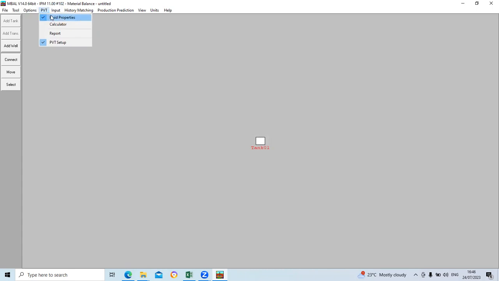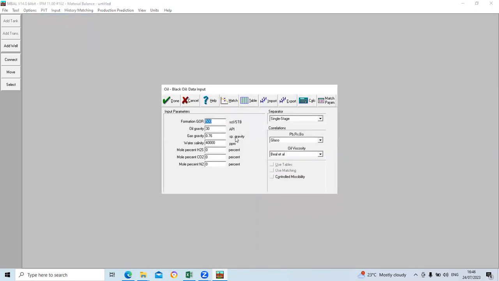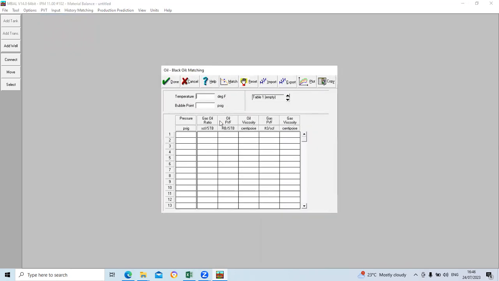So we don't have any choice. If you want to do the match, you have to put it in one after the other. You put all of these values for pressure, you put the one of gas oil ratio, the one of oil formation volume factor, oil viscosity, gas formation volume factor, if at all you have it, and then gas viscosity.